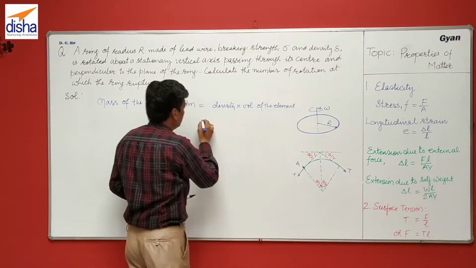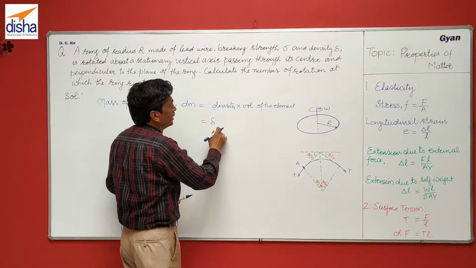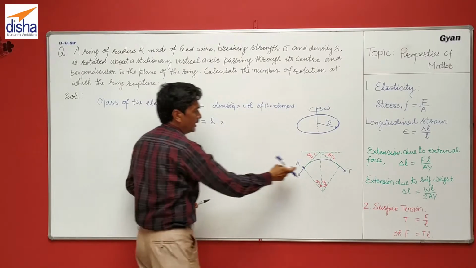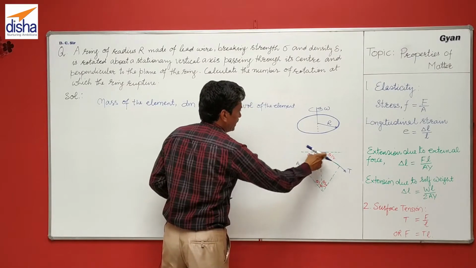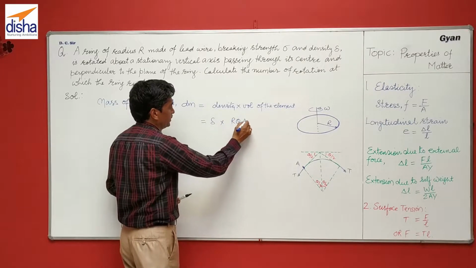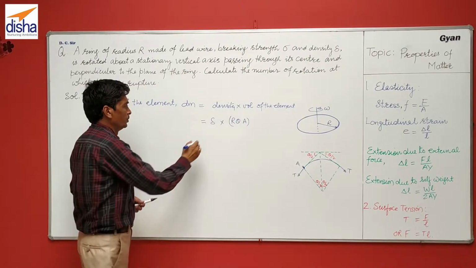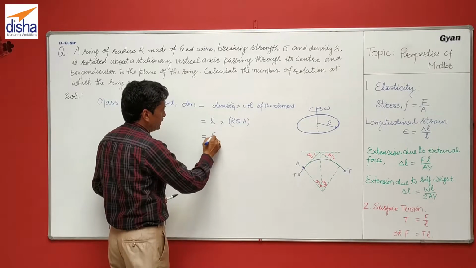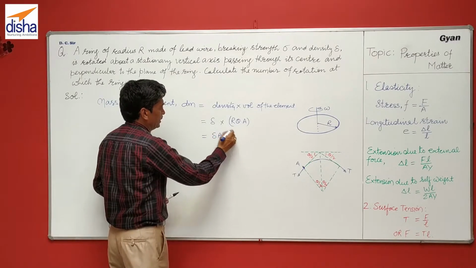Here the density is delta, and the volume is the length of it, r theta, times the area of cross section, so it is r theta into A. So it will be delta A r theta.